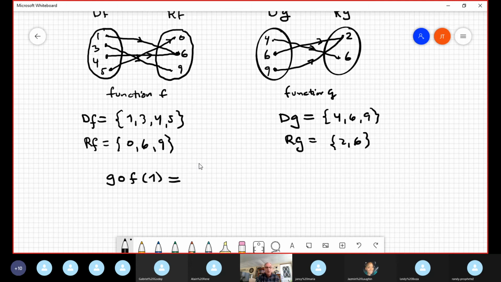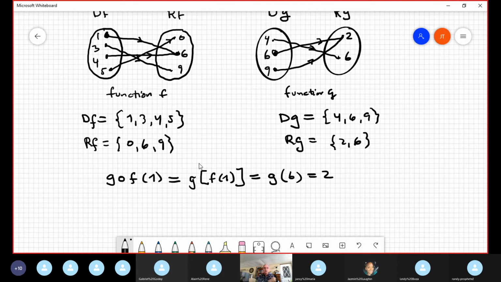According to this order, you first evaluate f at 1. So 1 in the domain, the answer is 6. Then g evaluating 6, and g evaluating 6, the answer is 2.